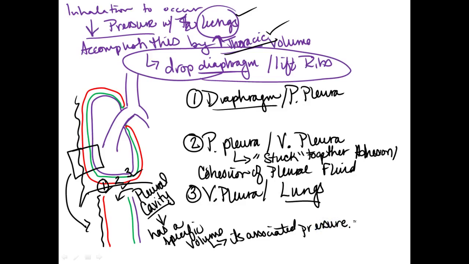Now, because of the arrangement of the pleural cavity and inside the lungs, it gets slightly stretched. And because that volume gets slightly stretched, its pressure gets slightly lowered. So the pressure within the pleural cavity is slightly lower than what you would expect.